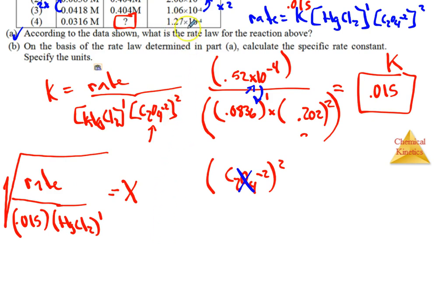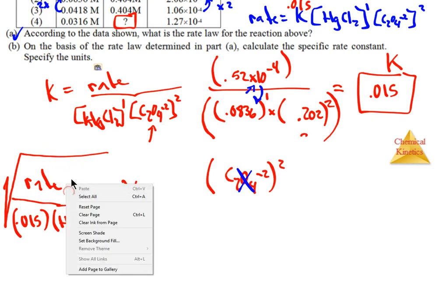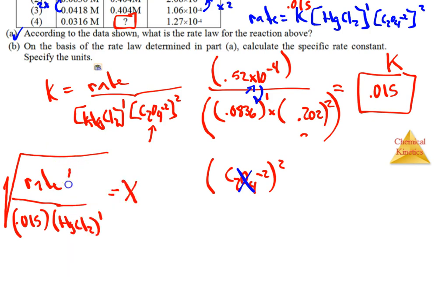The rate is this, 1.27 times 10 to the negative fourth. HgCl2 is the given right there, 0.0316. And that's just to the first. And then we do that math, square root it.